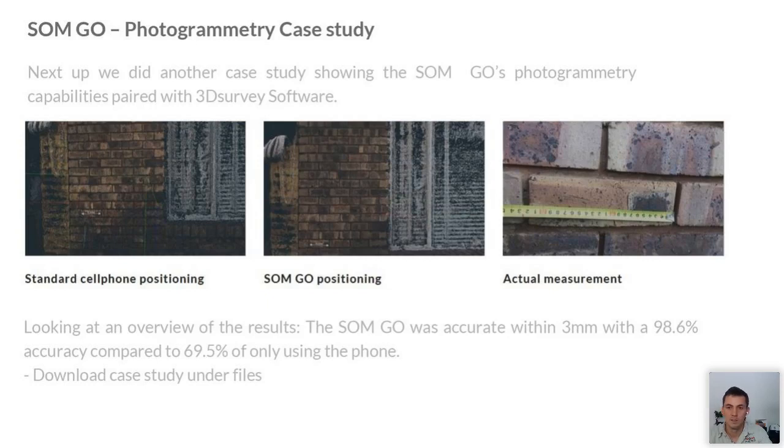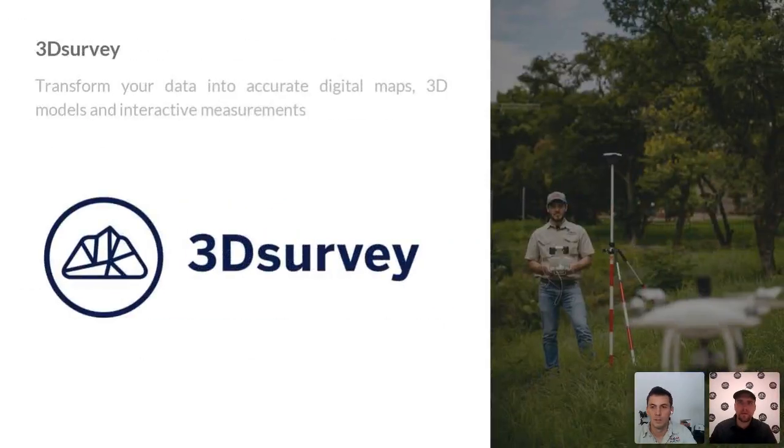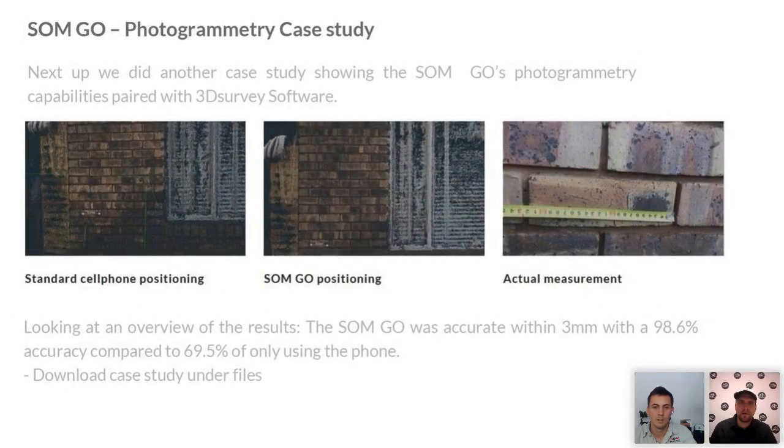Looking at the results, the actual brick measurement was 21.7 millimeters. The brick measured in 3D survey using the SOM-Go came in at 21.4 millimeters, where the measurement with the cell phone was 15.1 millimeters. So the SOM-Go was accurate within 3 millimeters.